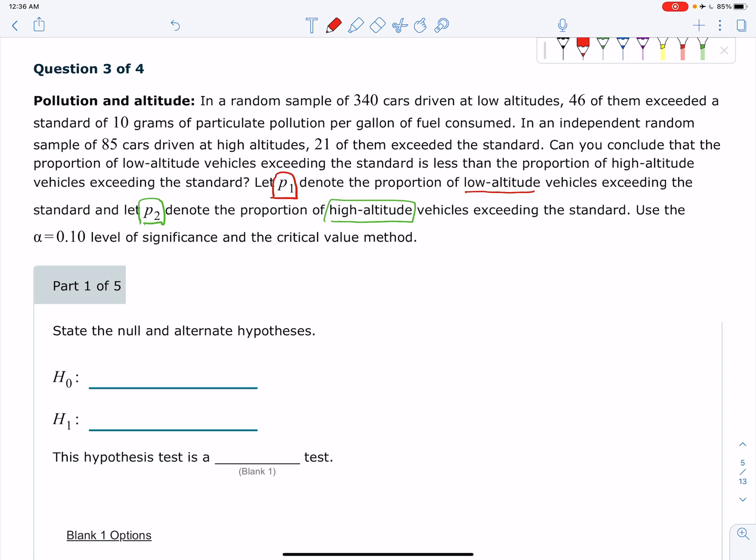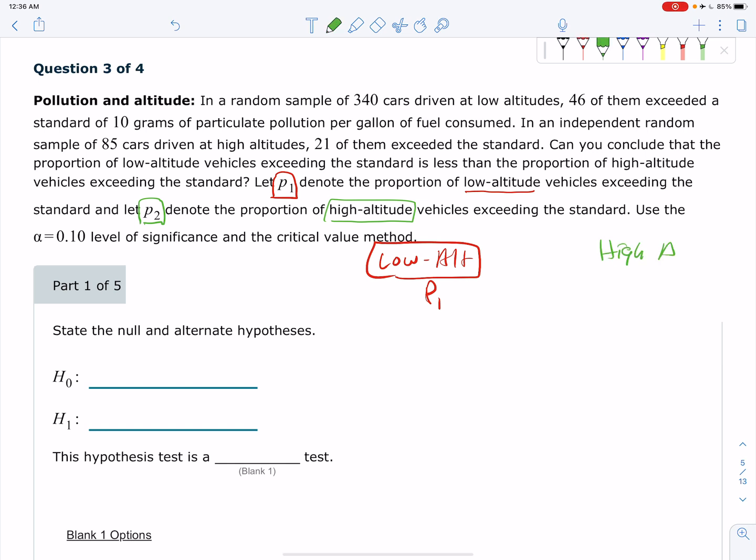So this is our low altitude, and we're going to call that P sub 1, and this is our high altitude vehicles. We'll call that P sub 2.